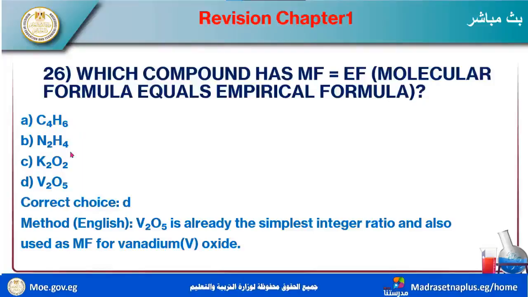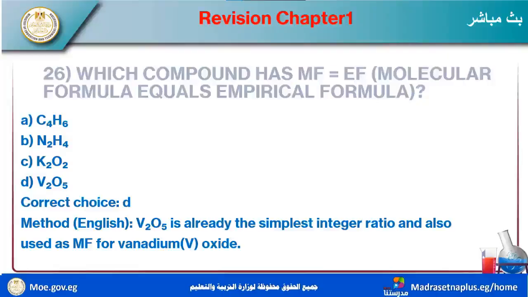For N2H4, the empirical formula is NH2. For K2O2, the empirical formula is KO. For V2O5, I can't divide anything, so we have 2, 5. This is the simplest form, so the empirical formula and the molecular formula are the same. It is easy to know that.